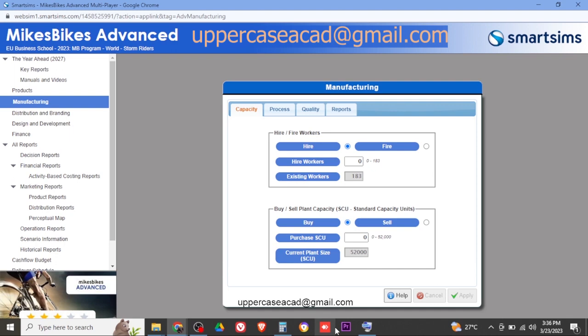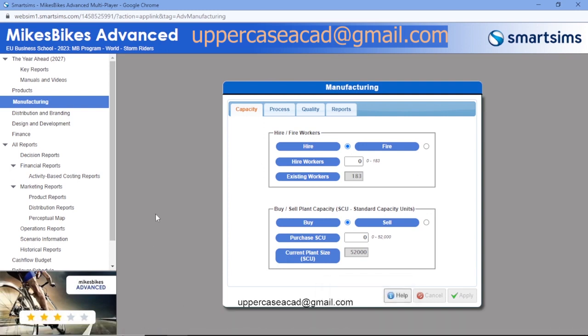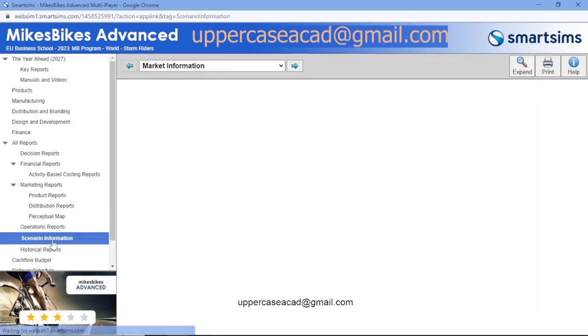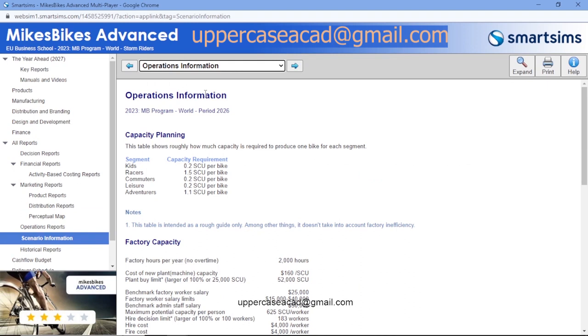This is possible by hiring additional staff to increase your factory capacity, and also you increase the demand for your product. Then if you want to look at production or purchasing of the SCUs, the report that will guide you is the scenario information. So just go into the scenario and operations information.